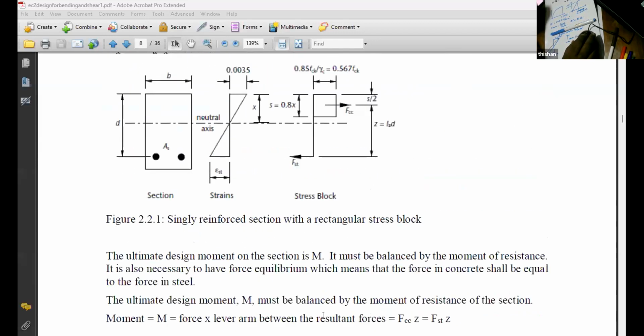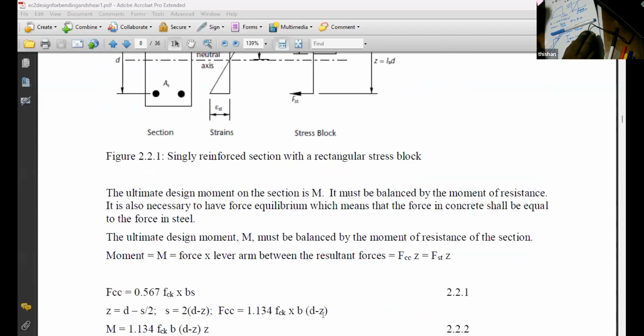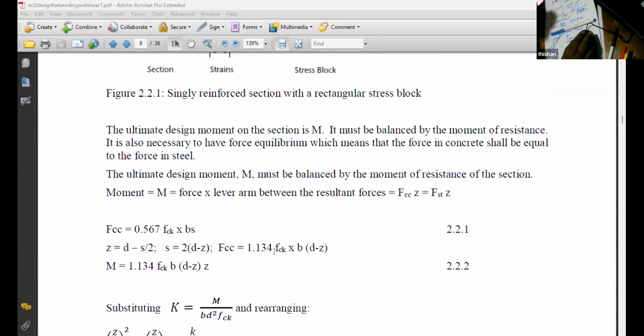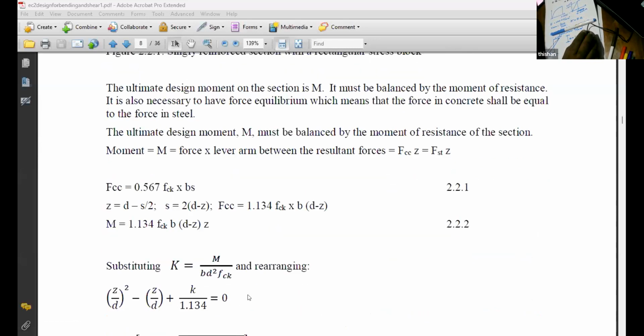So let's look at the theory. Force in concrete is equal to force in steel, then the moment is equal to force in concrete or force in steel multiplied by Z. Force in concrete is this one, and Z is equal to d minus s over 2. And then once you substitute, you can get this particular equation.